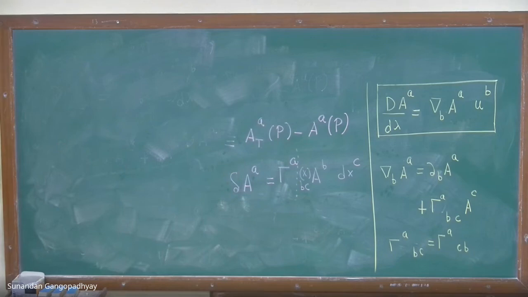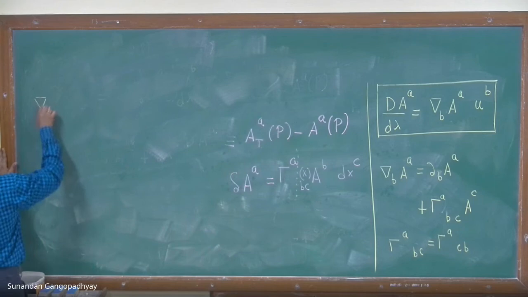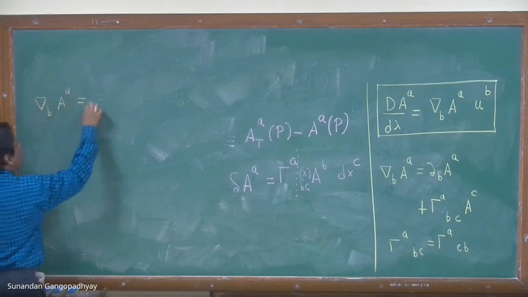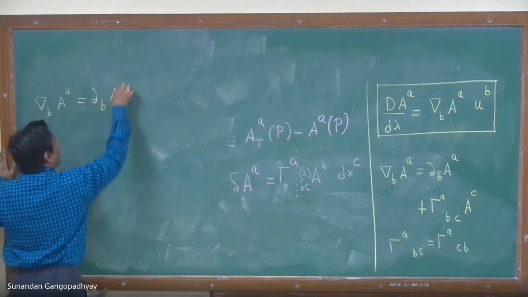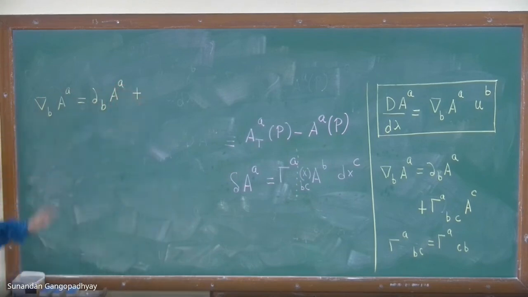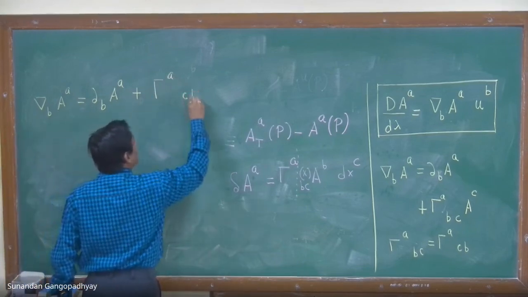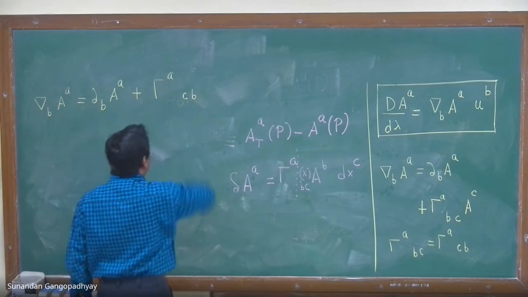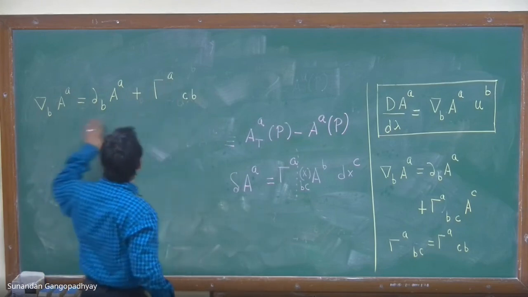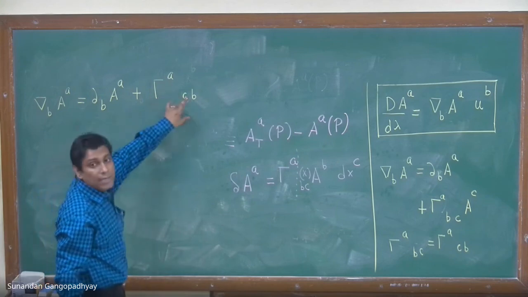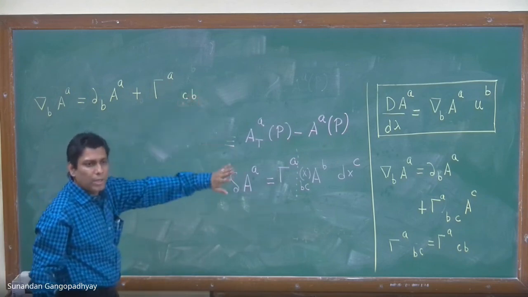So let me write down this relation once again. Grad_B A^A is del_B A^A plus, as we had written it down in the following way, gamma^A_CB A^C. If you look at it carefully, we earlier had it as gamma^A_CB.